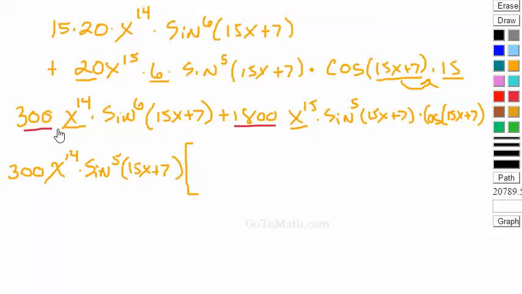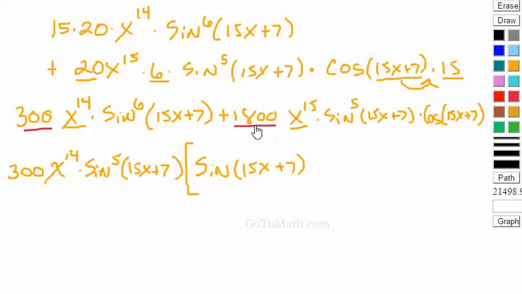I hope. Okay, so we pulled 300 out, so we're just left with the 1, but we're not going to write that. Pulled x to the 14th out, so we're good to go on that. We pulled out 5, and there's 6 of them here, so we're left with 1. Only one of those, sine 15x plus 7.